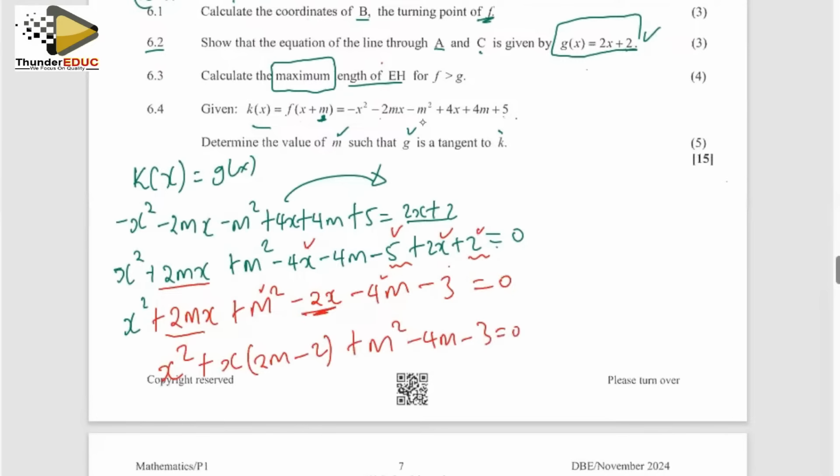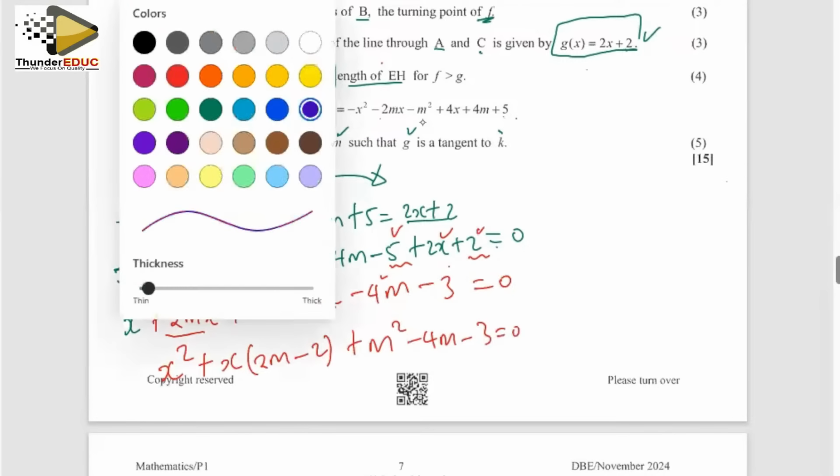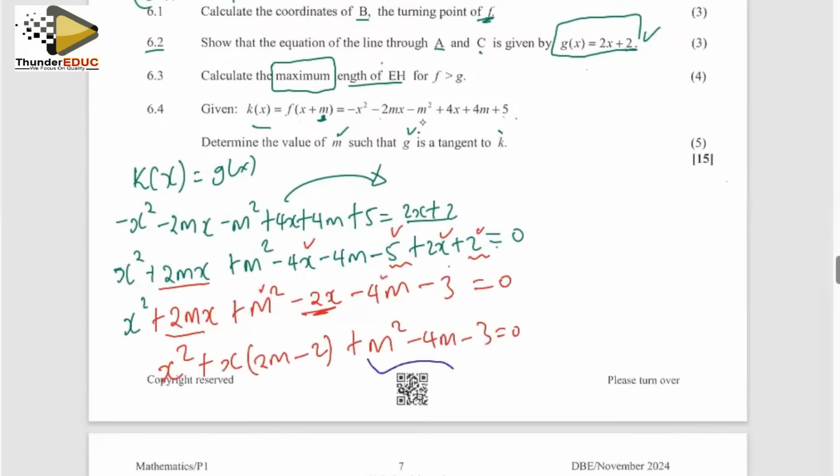So I kind of have a quadratic, okay, whereby this is going to represent my C, this is going to represent my B, whatever I have there will represent my A. Now, from our nature of roots, we know that roots can be equal if the discriminant b squared minus 4ac is equal to 0.